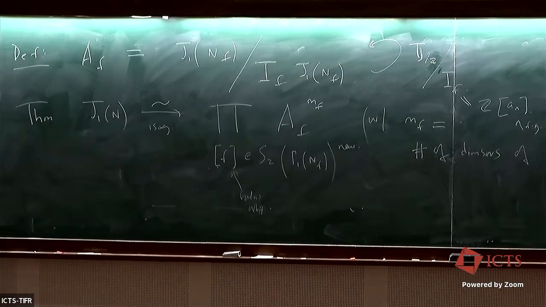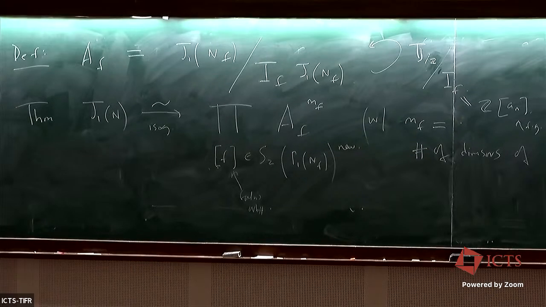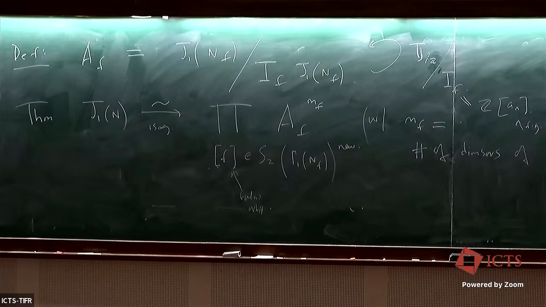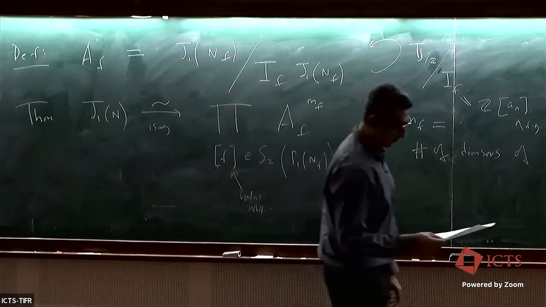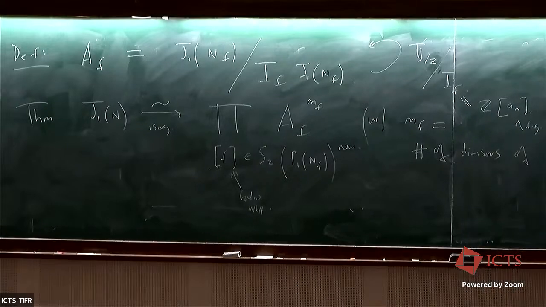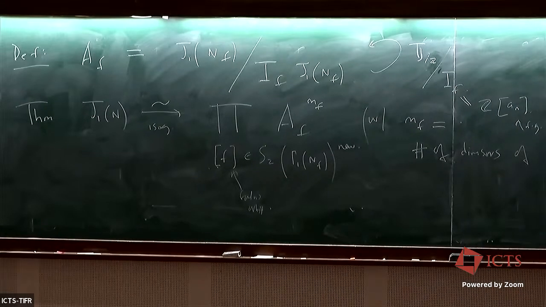Okay, so you have a very nice decomposition, at least up to isogeny, of the modular abelian variety, the modular Jacobian J1(N), as a product of these abelian varieties attached to the modular forms. This is called the abelian variety attached to the modular form F. Okay, so that's the definition of A sub F.